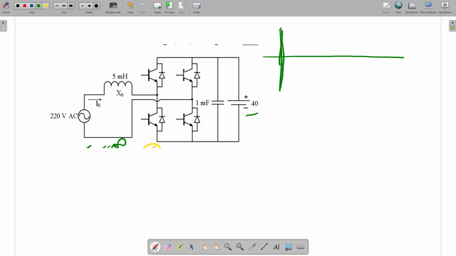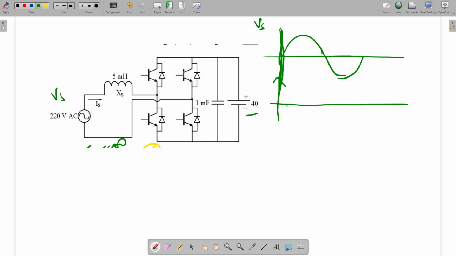So they will give a waveform. Let's say this is the phase voltage, our VS. Then they will give a modulating signal of the switches.